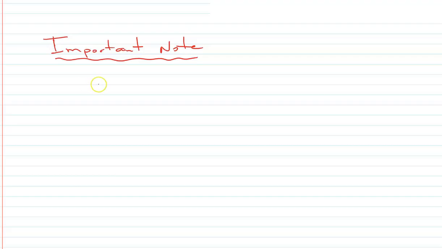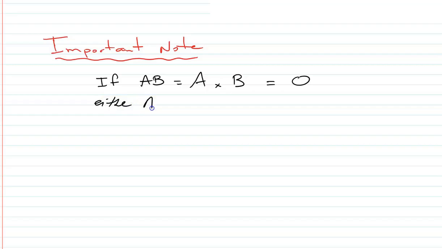It says that if you have two things multiplying together, so if you have a times b, and the answer, when you multiply them, is 0, what you can say is that either a must be 0 or b must be 0, or both of them can be 0. Both equal to 0.